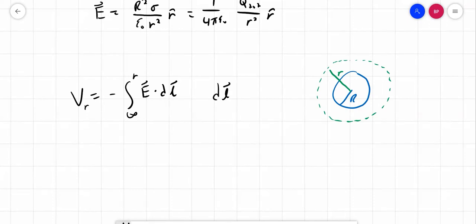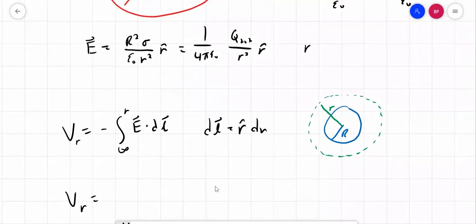So if we take a radial path, our dl is in the radial direction, and it's just dr. So our electric field outside looks like this. This was for r greater than or equal to capital R. So this is the electric field that I should use, or this one if I prefer.